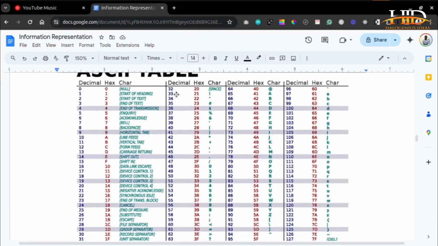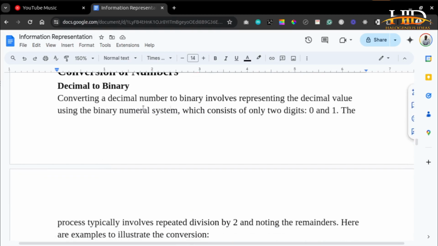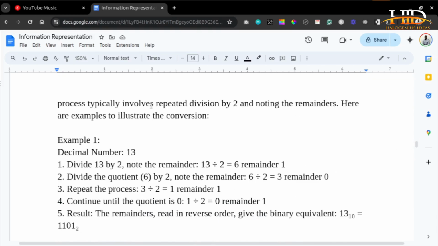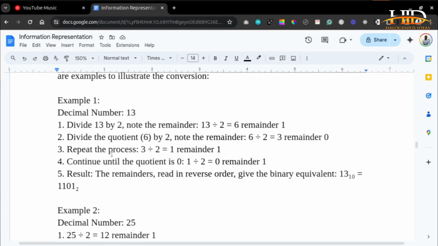Just like what I was saying here, if I want to represent this plus character, for example, it is 43. I'll just convert 43 to binary and I'll get the binary equivalent of this character. The process typically involves repeated division by 2 and noting the remainders.